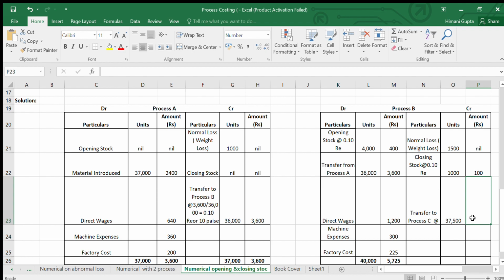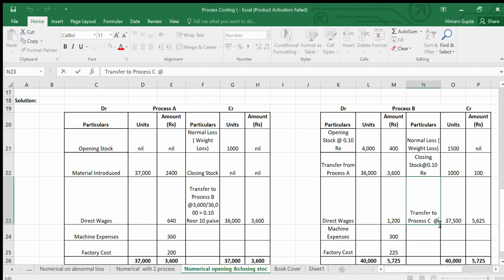So it will be 5,625. Total it will be 40,000 units, and over here the total will be 5,725.